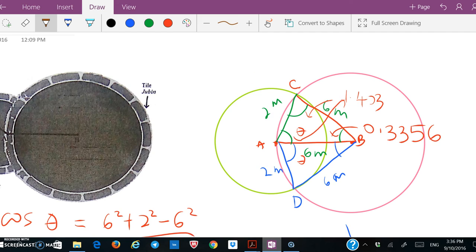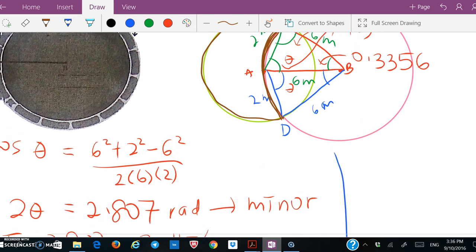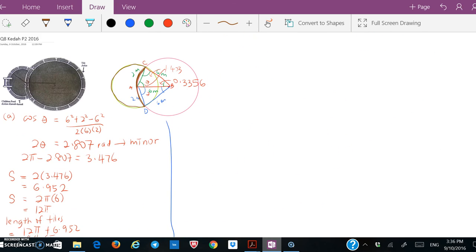I'm going to show the involvement here is the length, the arc of the children's pool, and this is the area. So based on this, you can create the path of trying to find the answer.